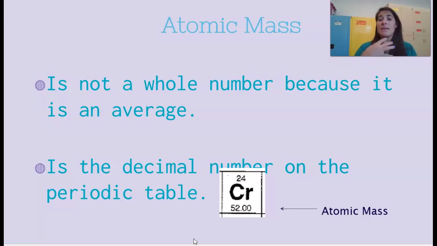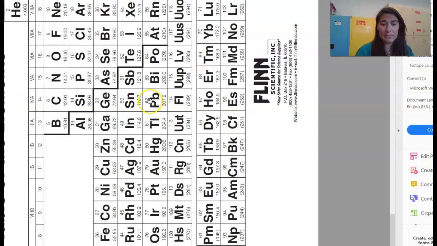Some of these can look really long. The one that I'm using right now on my computer is already rounded to 4 digits: 32.07, 35.45, 39.95. But that's not always the case. If you look up at the wall, oxygen is 15.998 or something.